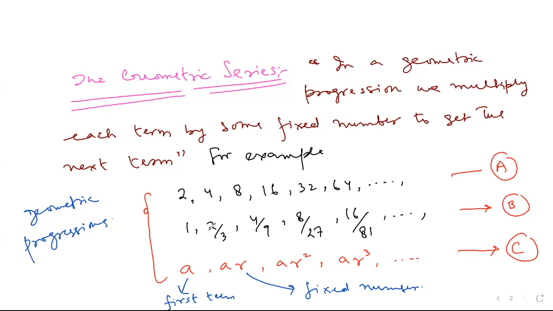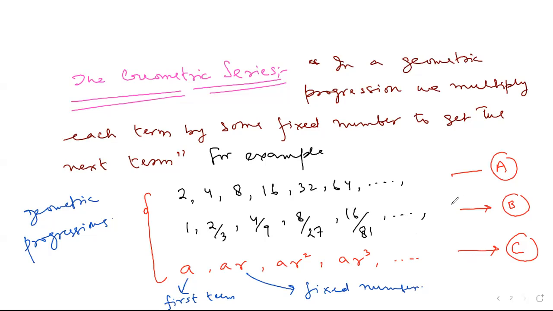And in the example B, that fixed number is 2 by 3. You multiply 2 by 3 with 1, you get the second term 2 by 3. You multiply second term with 2 by 3, you get a third one, that is 4 by 9. Then you multiply 2 by 3 to 4 by 9, you get 8 by 27, and then you get 16 by 81, and so on.